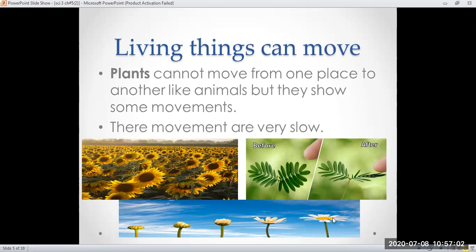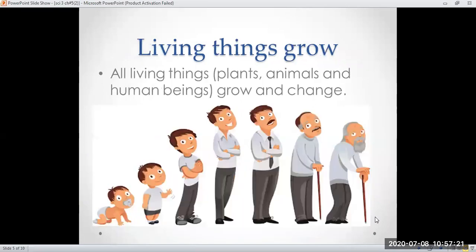Again I'm saying that these movements take time. Plants cannot move fast like animals or like us. So the movement of plants is very slow and can be observed over a long period of time.